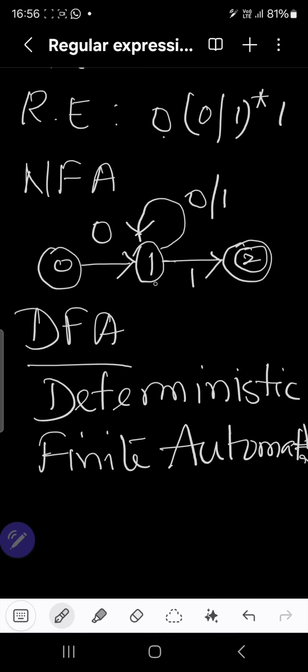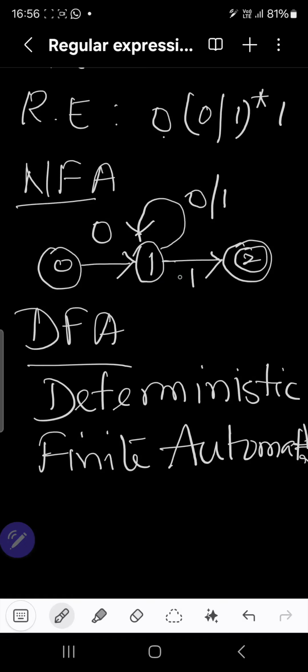Now consider the same example as we saw in this NFA. In this NFA, if we see from state 1, we have two transitions. One transition is going to state 2. So the next state is 2. Another transition goes from 1 to 1. That means the next state to 1 is again a 1.